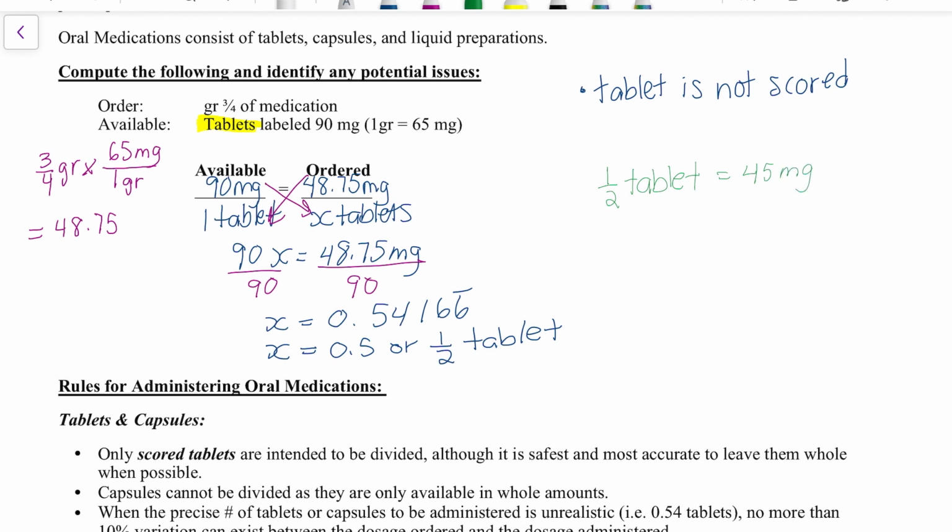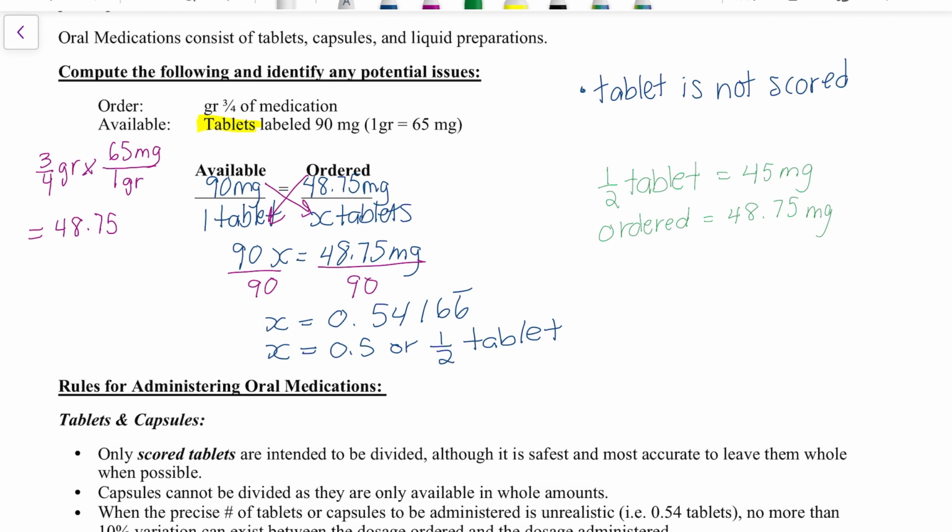Now in this case, what was ordered we worked out to be 48.75 milligrams. So is that within 10% of what was ordered?